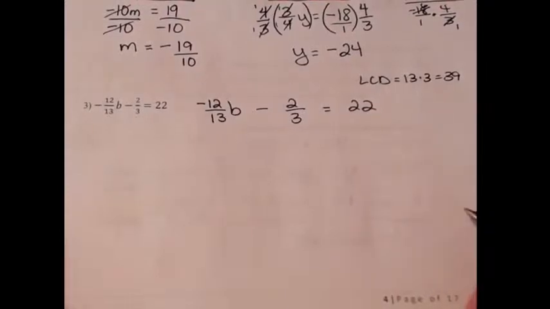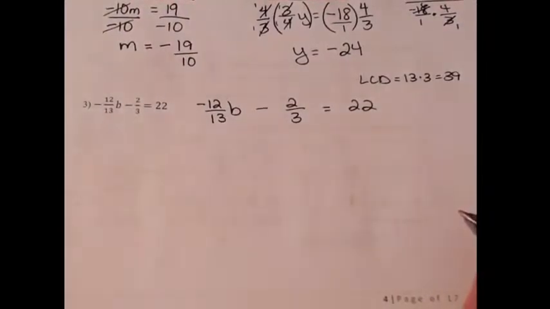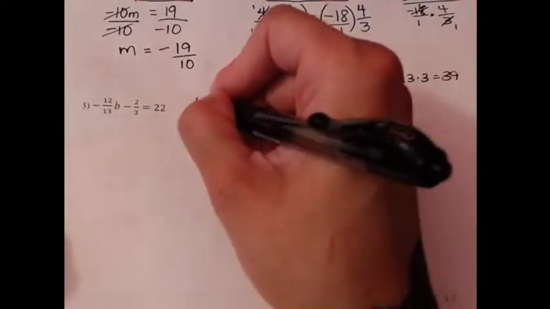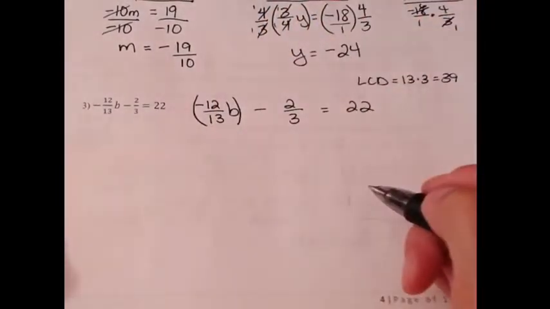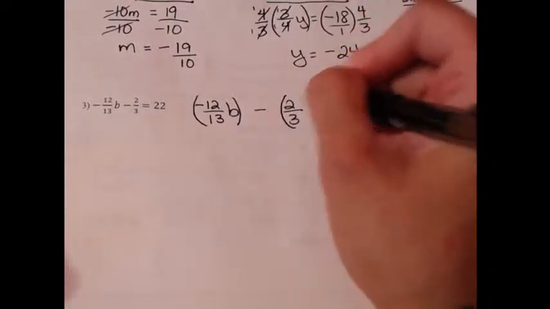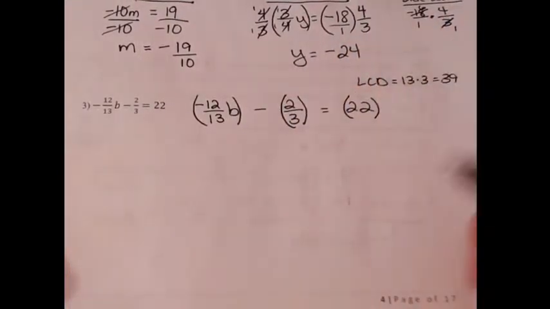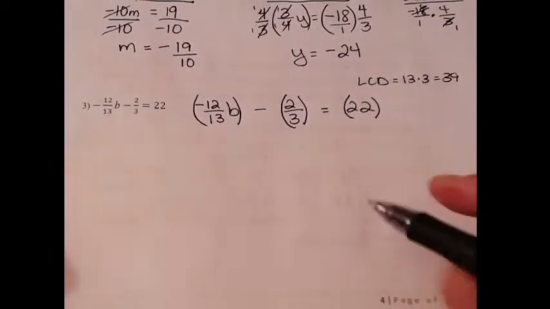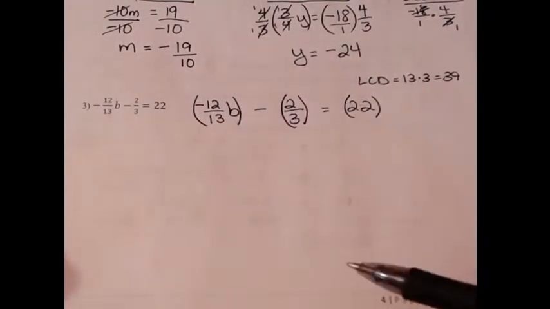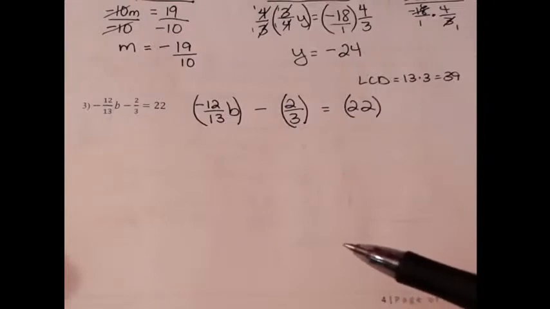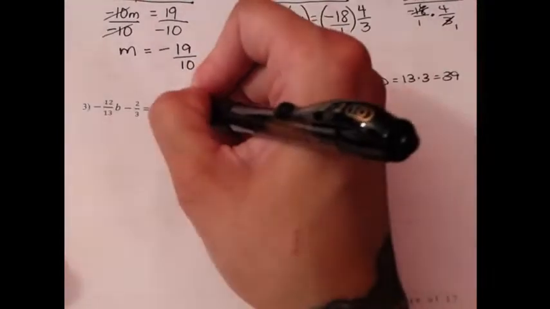That's your LCD. Rule number 3 says you must multiply every term by the same quantity. Here's your first term. Here's your second term. Here's your third term. I've packaged each term in parentheses. And now I'm going to multiply every term by a 39.